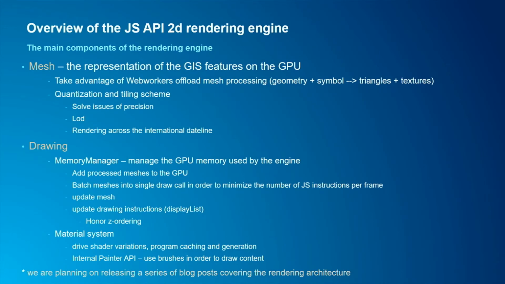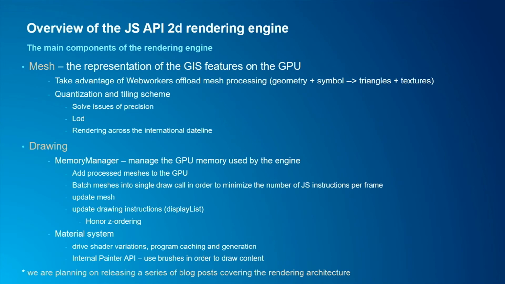From 30,000 feet above, if I look at the components of the rendering engine, we can divide it into two main parts. There's the part that maintains and handles the mesh. A mesh is basically what breaks the geographical entities, such as geometries and symbols, into triangles, textures, buffers, shaders, and so on.